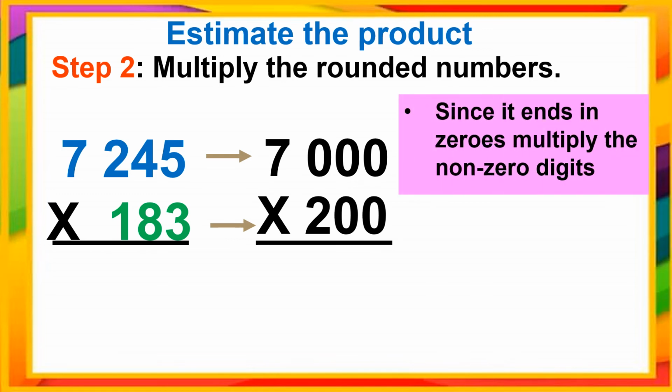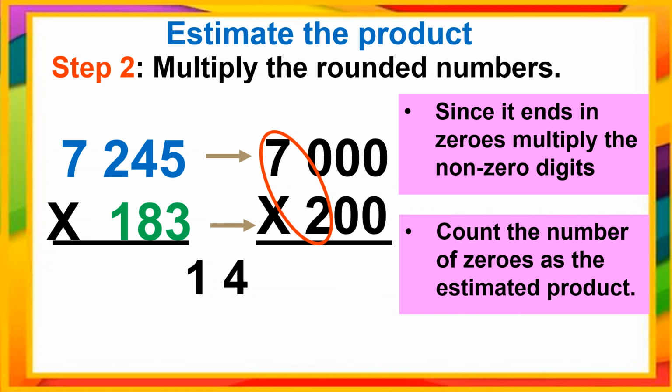7,000 times 200. Since it ends again in zeros, we're going to multiply the non-zero digits. The non-zero digits here are 7 and 2. 7 times 2 is equal to 14. Then we're going to count the number of zeros as part of the estimated product.